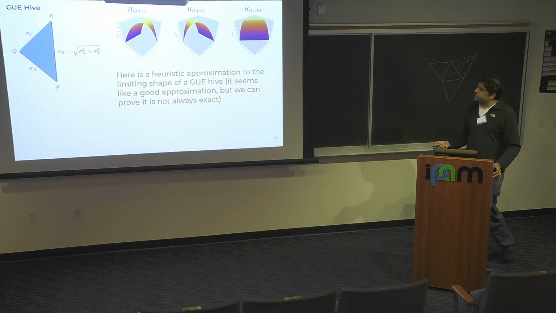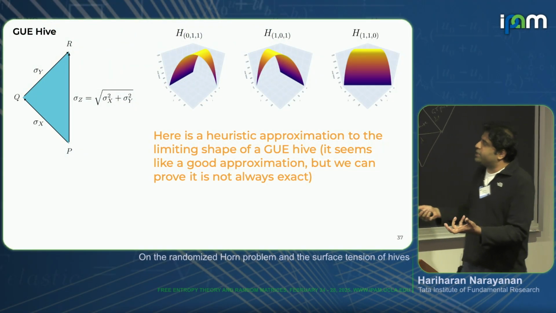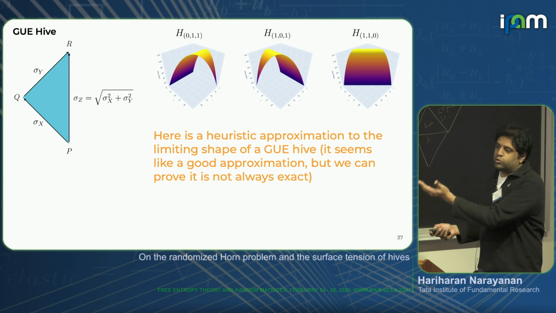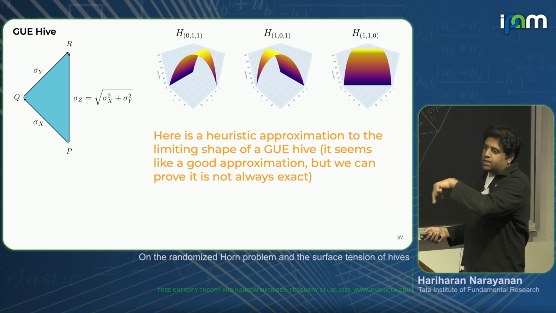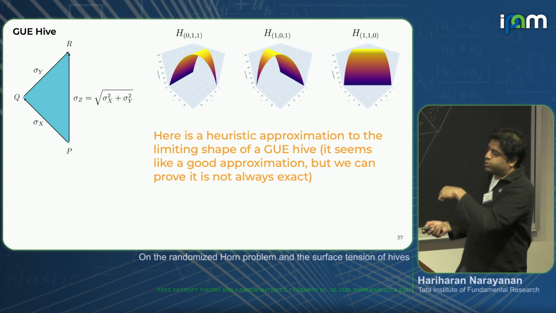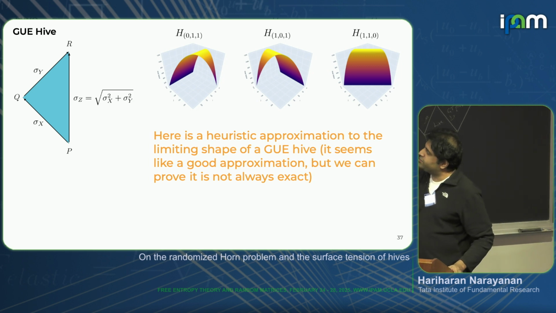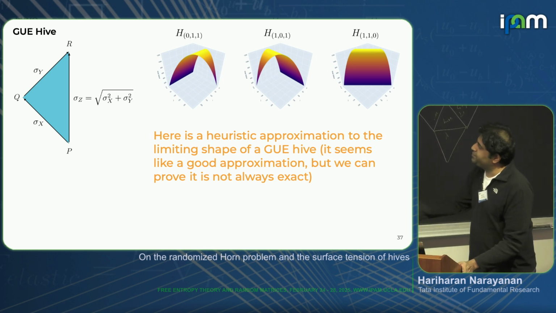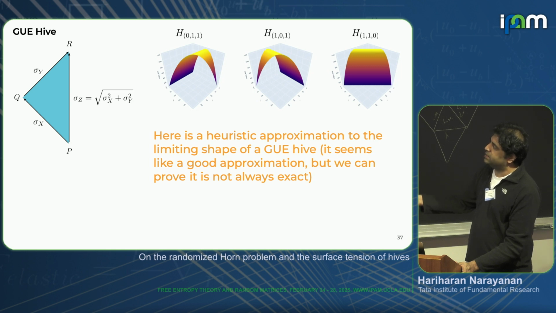So this is now a way of producing what I'm going to call a continuum hive. These are now functions on the continuous triangle. I'm going to take these 3 surfaces that you get by taking lines parallel to this line. They're going to just be straight. So it's basically a one-dimensional thing that is governed by the GUE eigenvalues.